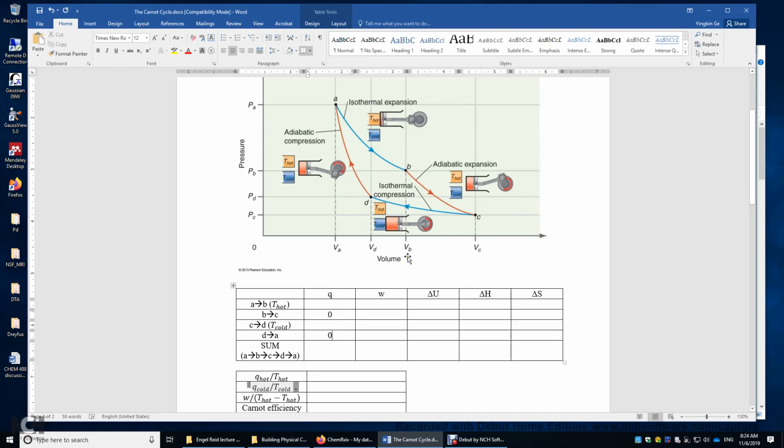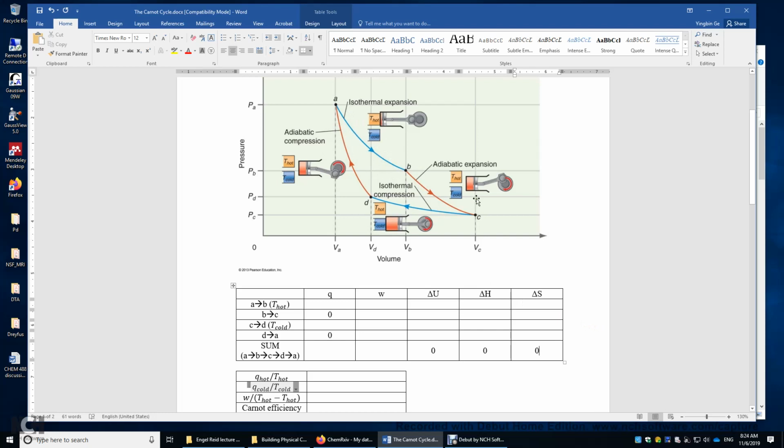And then let's look at the entire cyclic process. It goes from A to B to C to D and then gets back to A. Because U, H, and S are all state functions, their changes should be 0 in a cyclic process. So we can put a few zeros here as well. From A to B, it's an isothermal process.